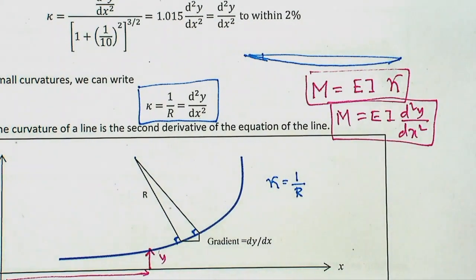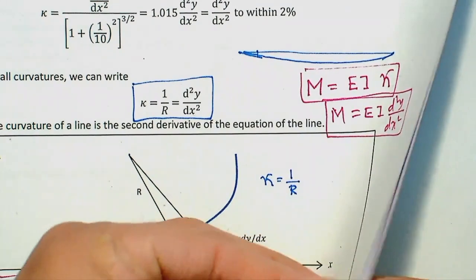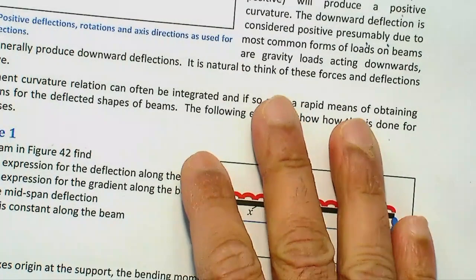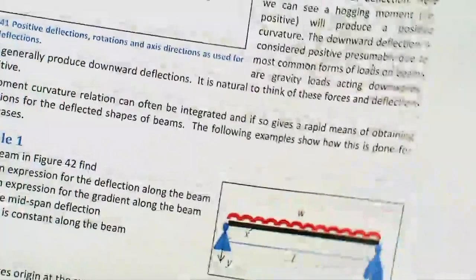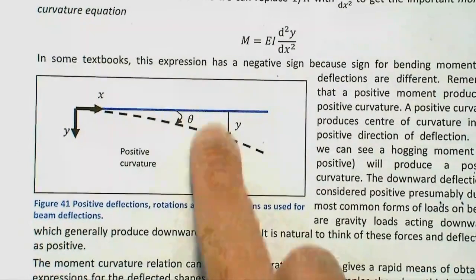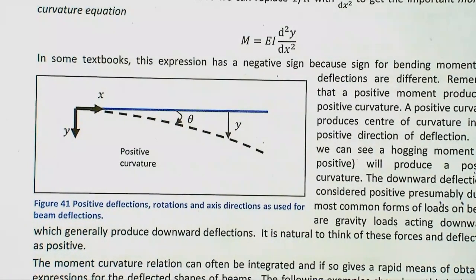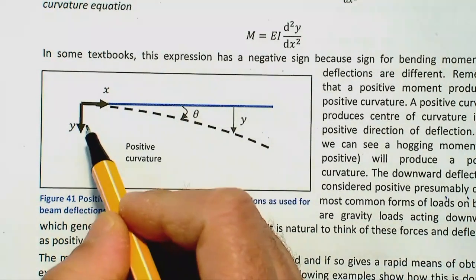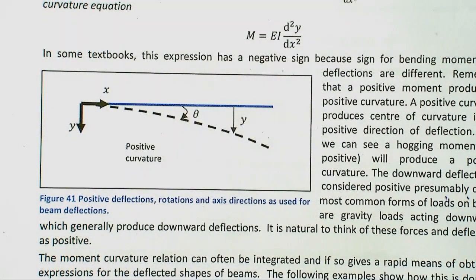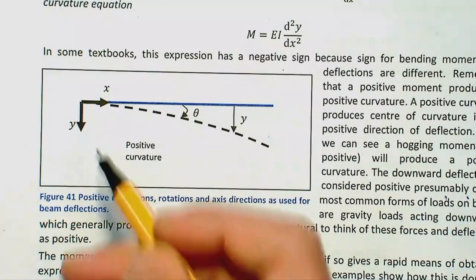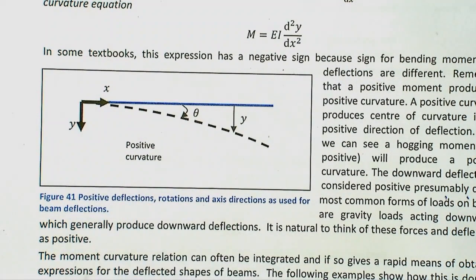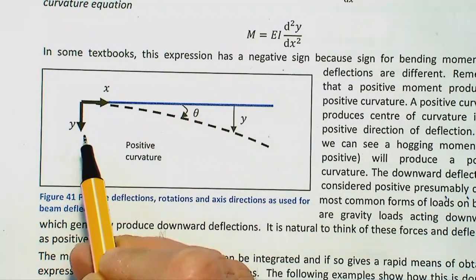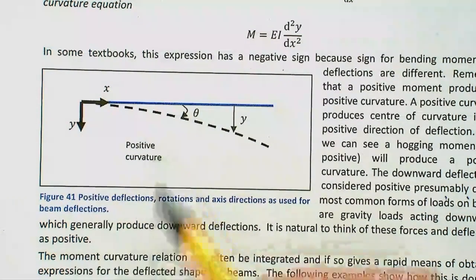Okay, let's try that with an example. I'm going through the notes exactly the same way that I'm explaining to you. So this is another description of that. The sign convention we will be using, and as I said, different books always have different sign conventions, but for this class, I'll take positive deflection as downward.